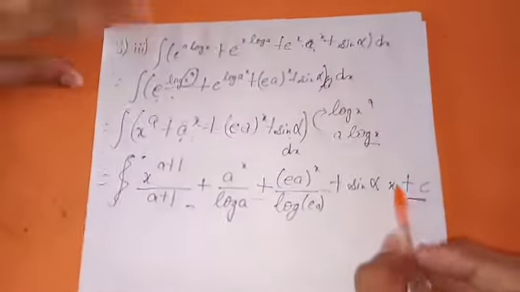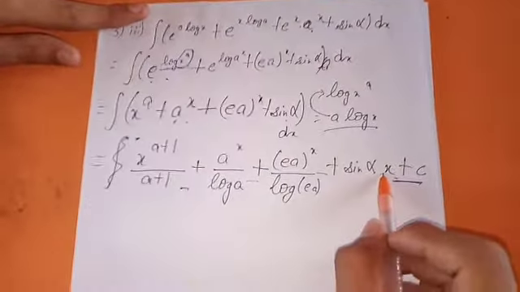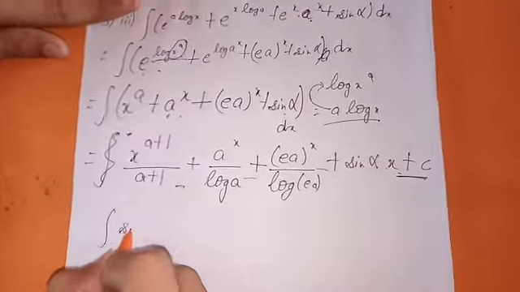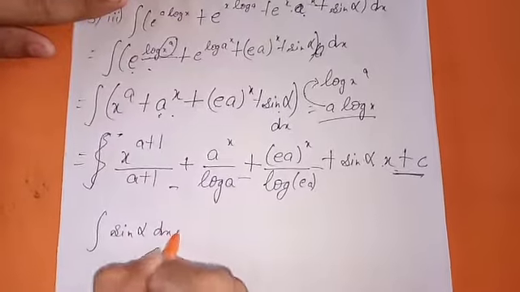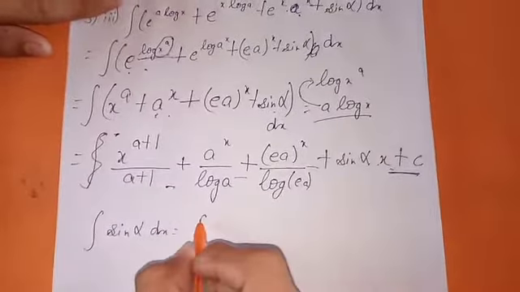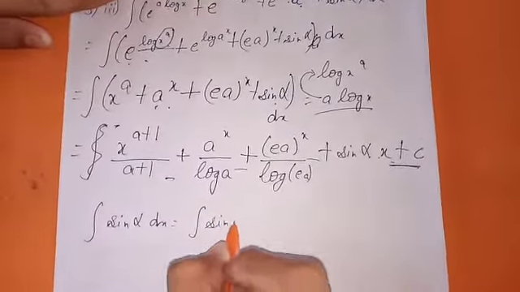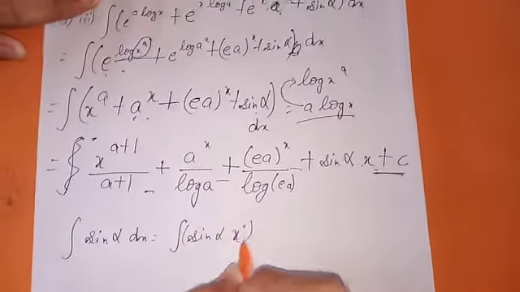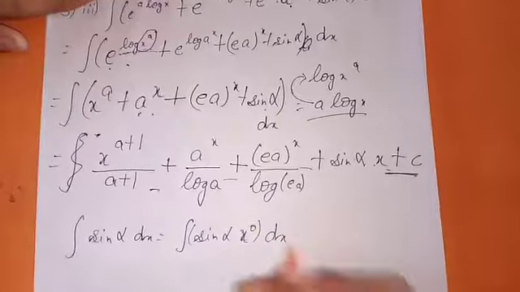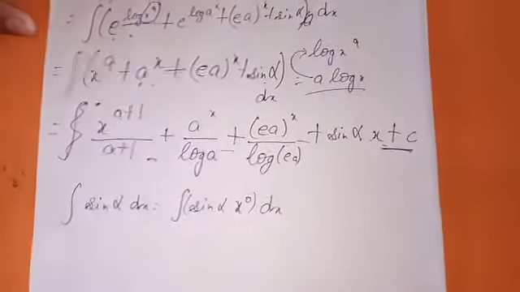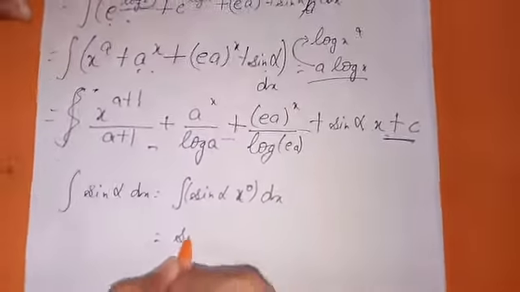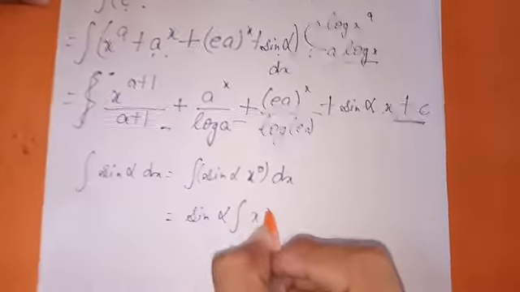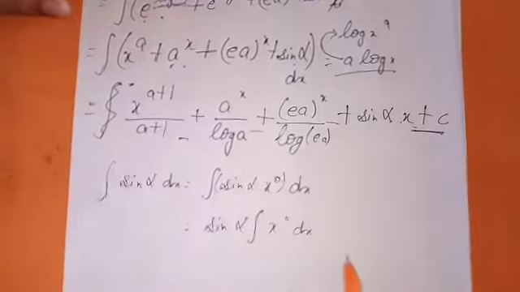Okay, now how did this x come here? We can just integrate sin alpha. I can write it as sin alpha x raised to power 0 dx. Sin alpha is constant, so it will be sin alpha times the integration of x raised to power 0 dx.